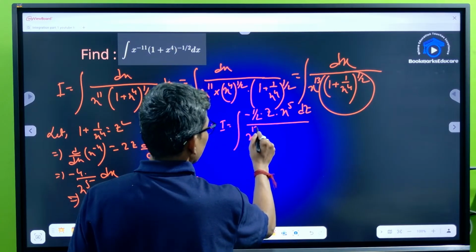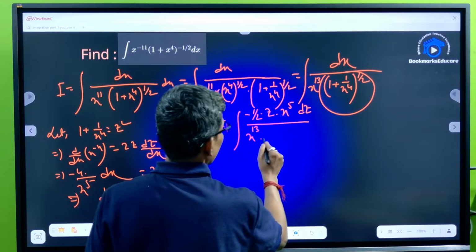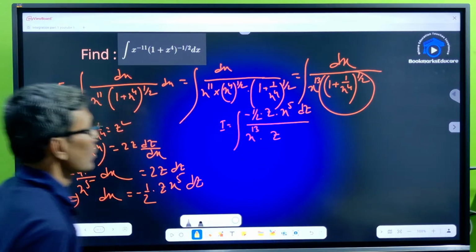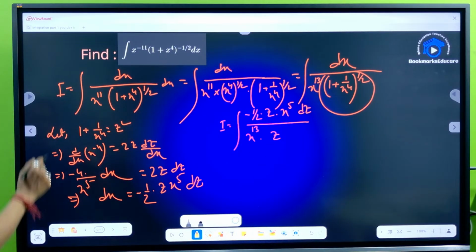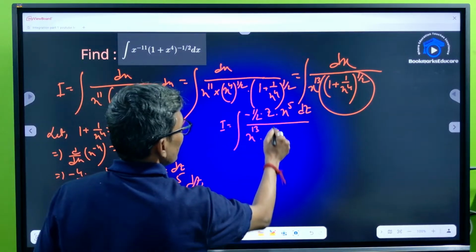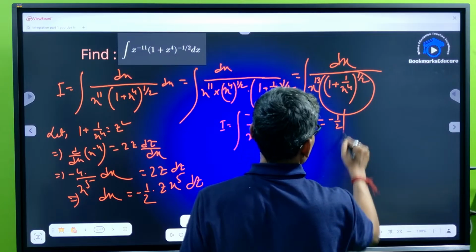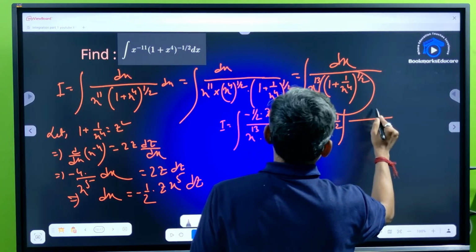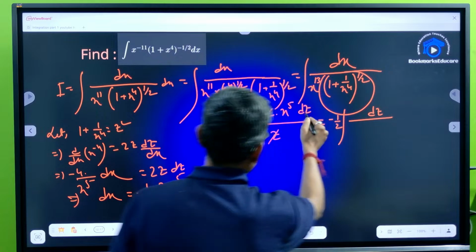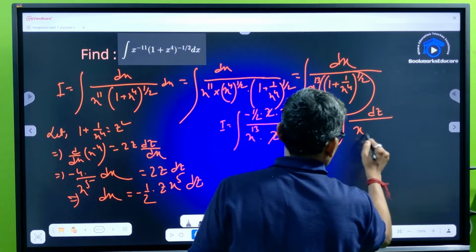by x to the power 13 into z. Okay, so z will be eliminated, minus half dz by x to the power 8.